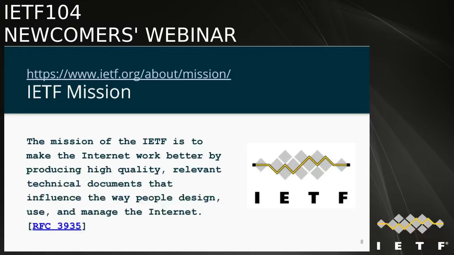Another important point is security. We want to ensure that the technology itself is secure and can be operated securely. And then easy deployment. We want to make sure that the technology can be deployed easily and effectively. In short, standards and technologies developed at the IETF are secure, scalable, and can be deployed effectively.